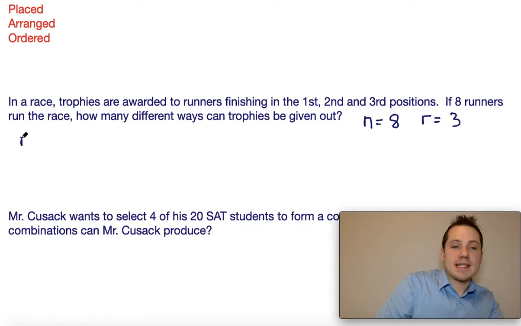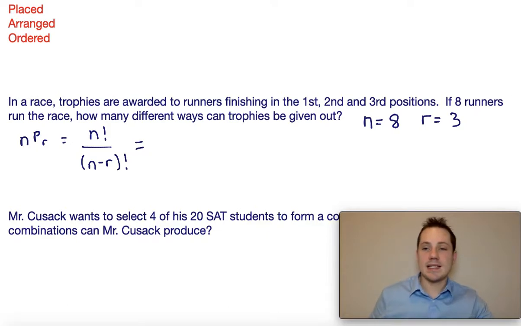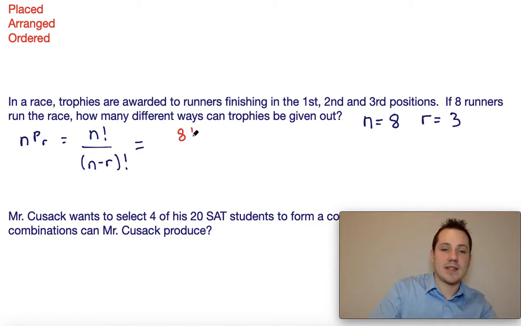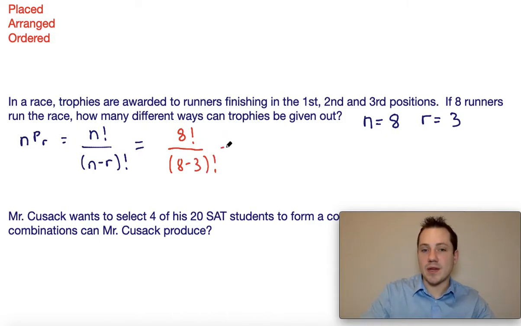Now, the formula is nPr equals n factorial over n minus r factorial. So plugging in these numbers, n is 8, so I'm going to place 8 factorial on the top. And n minus r factorial is going to be 8 minus 3, which is 5 factorial.